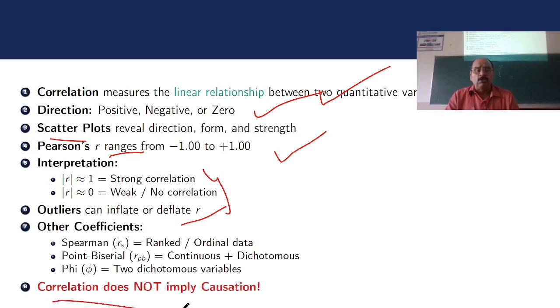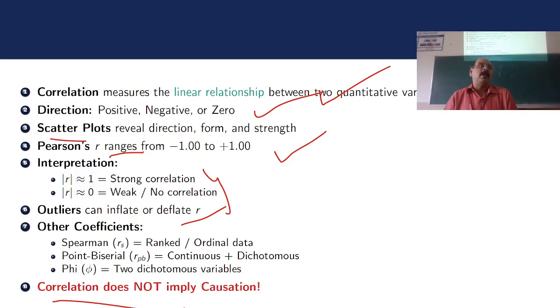And correlation does not simply imply causation. One of the common misunderstandings is that if there is a strong correlation, one is treated as the cause of the other.